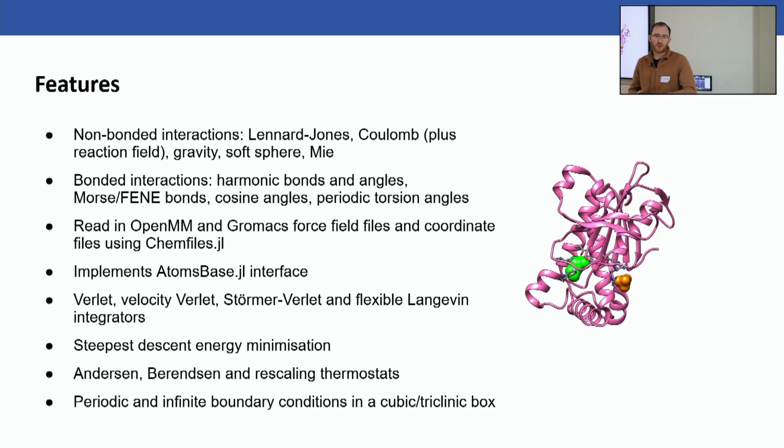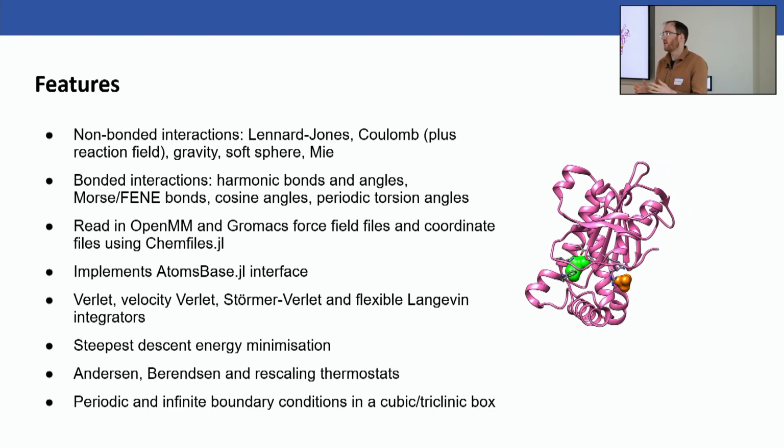So I've just got a list of features. For those who aren't so familiar with this type of software, it won't mean too much, but we've got standard non-bonded interactions and bonded interactions. There's some support for reading in setup files. We extend the AtomsBase interface, which is part of the Julia ecosystem to share atomic data.